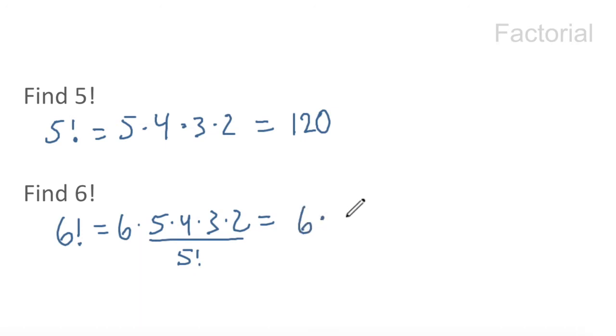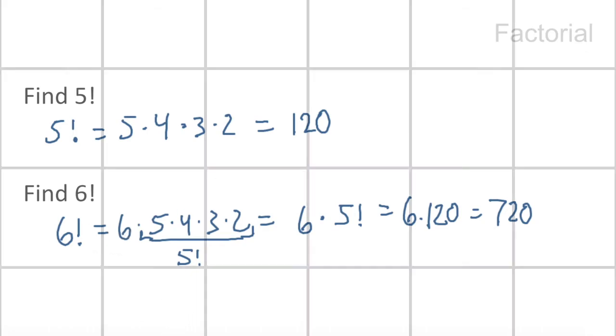So 6 times 5 factorial is 6 times 120, and that is equal to 720. So it's pretty easy to calculate factorials. It's really just adding more numbers out in front and multiplying them out.